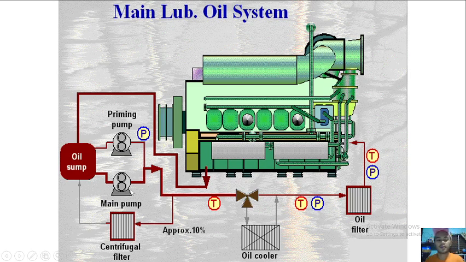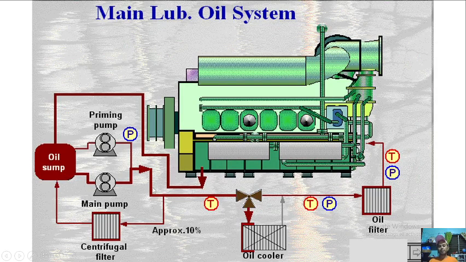So if the main pump is running, this is a bigger pump, 10% of its supply will go to a centrifugal filter for cleaning, while 90% of it will go to the engine.